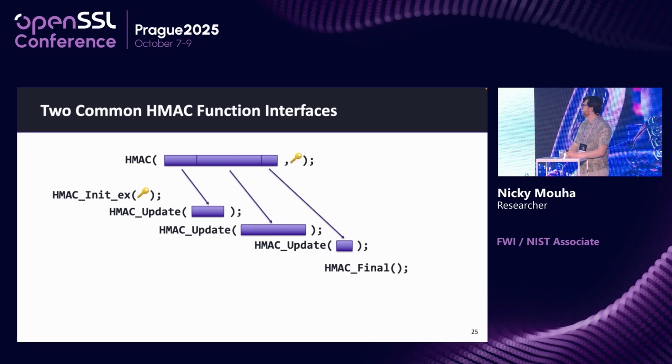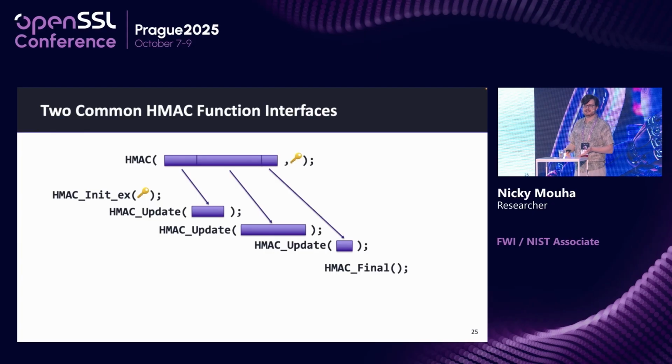So what happens here? For HMAC, there are two common interfaces. One is where you call HMAC one shot, and in that case it looks the same as what you saw on my earlier slides. The difference is that there's now a secret key that comes in as well.